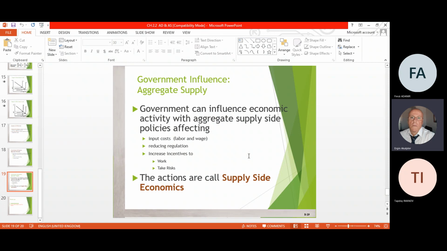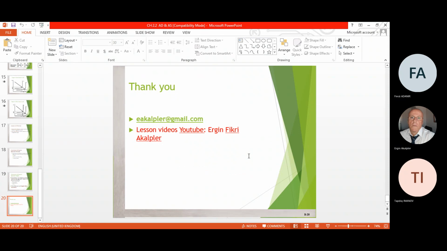These things are accelerating and increasing the supply and, of course, the productivity and the economic performance. Therefore, these are the important things in the economy to consider for performing better economic activities on the international platform.